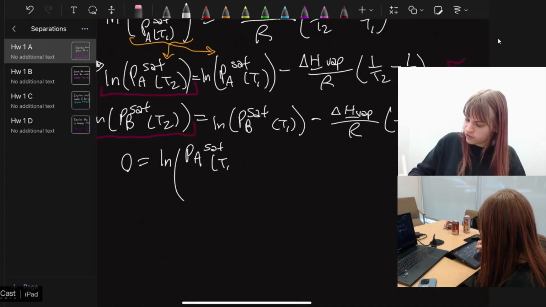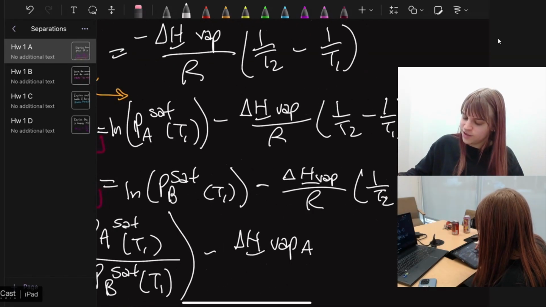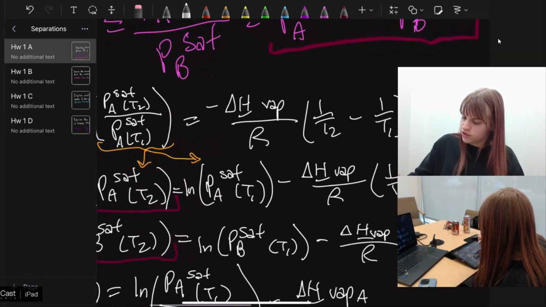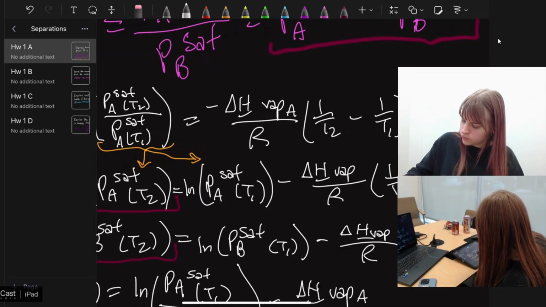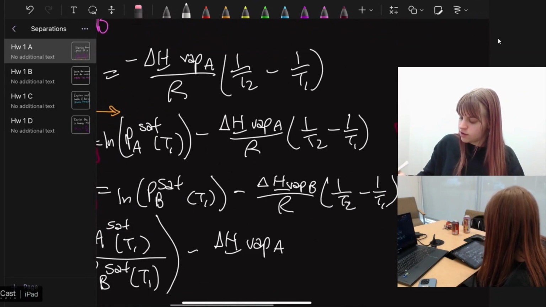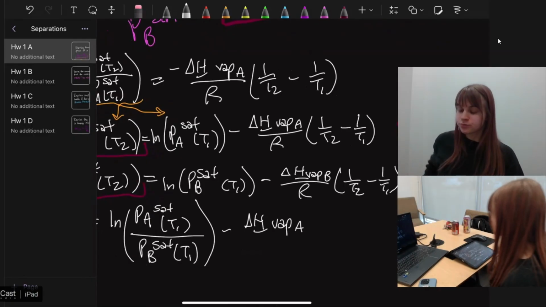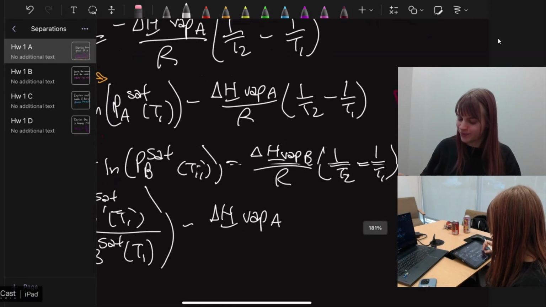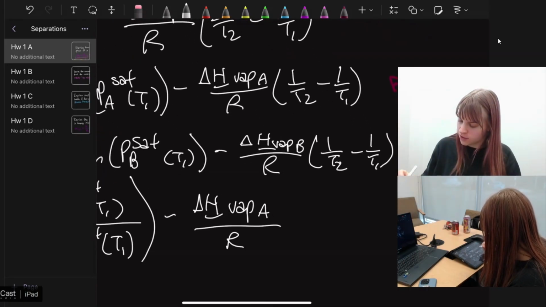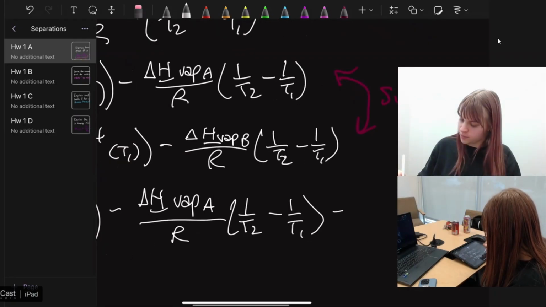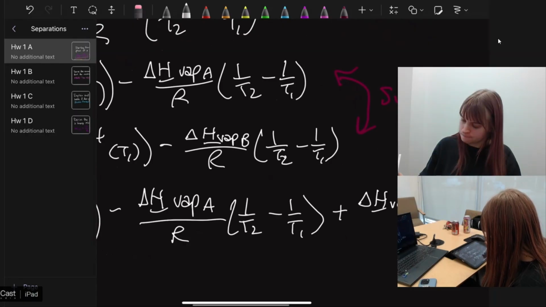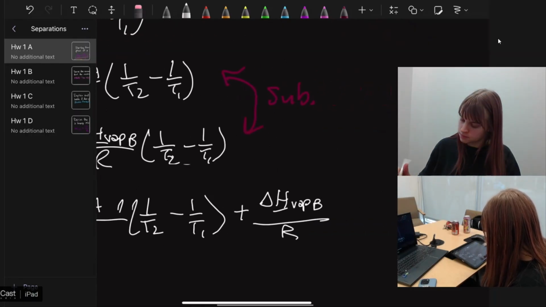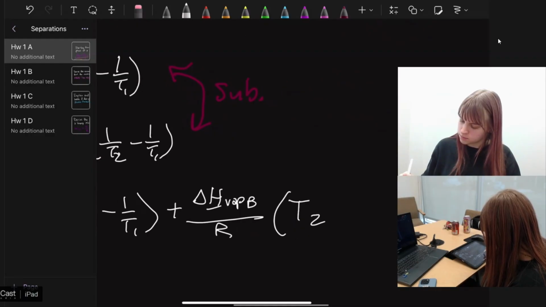and I'll just fast forward as I write this out. Another thing I forgot to write for these equations is their little a there and b there because the enthalpy of vaporization could be different, which we will get into. But we have this over R, and we would end up adding this.